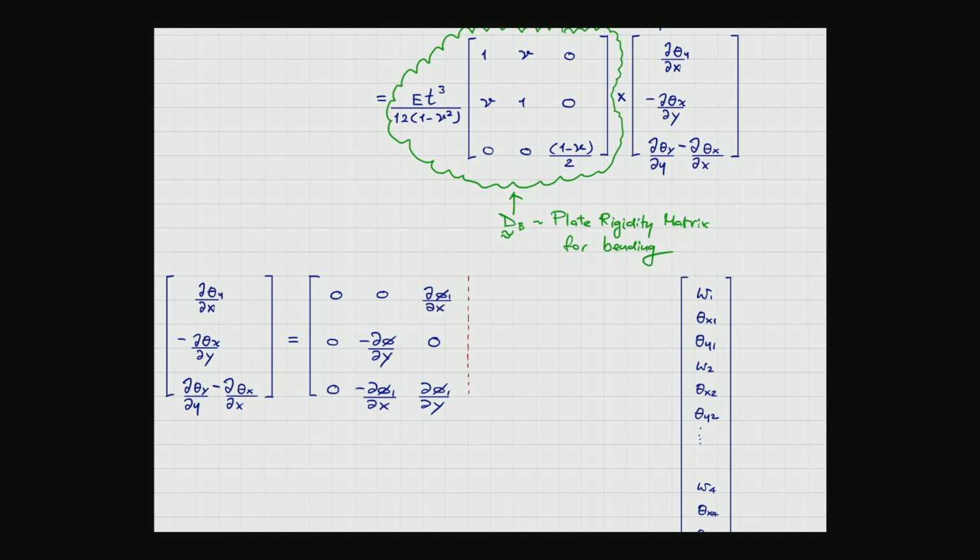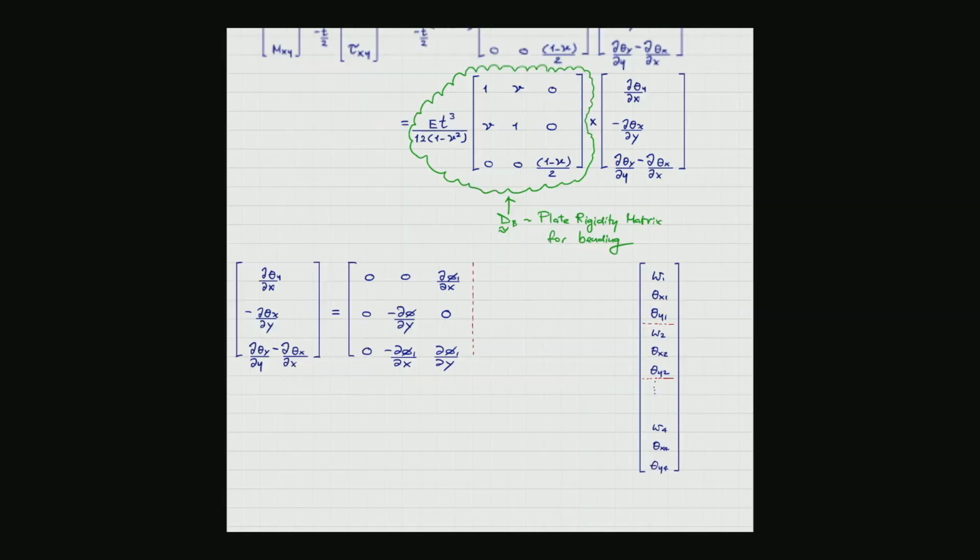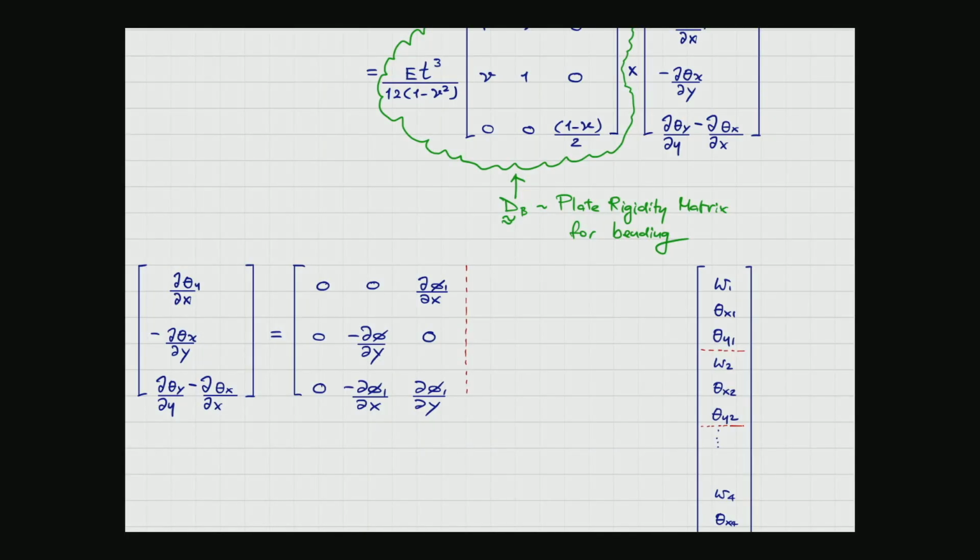So these 3 columns are associated with the 3 degrees of freedom for node number 1.